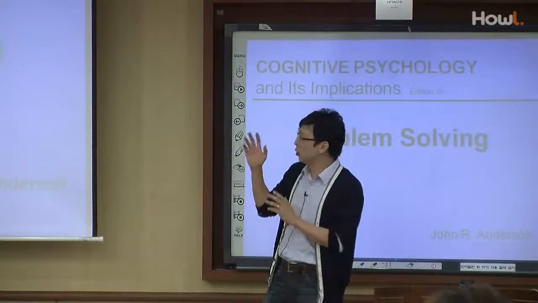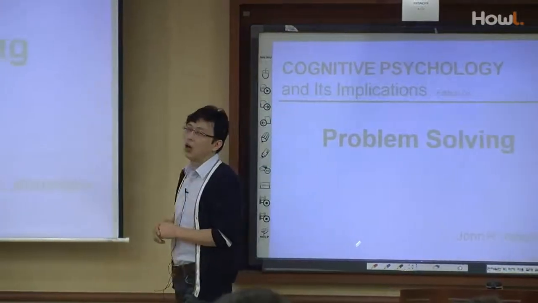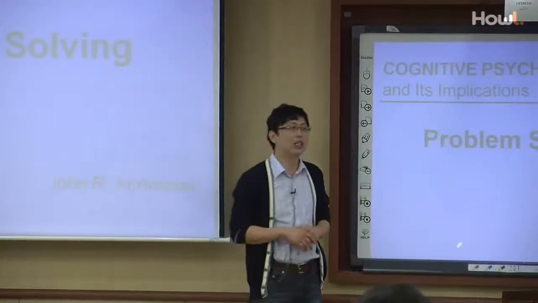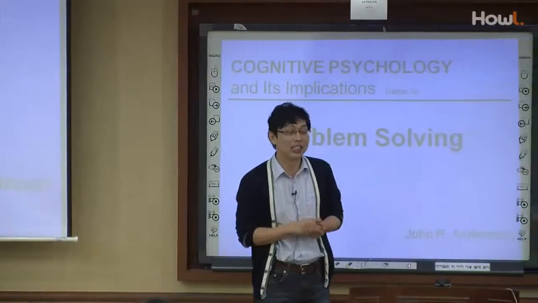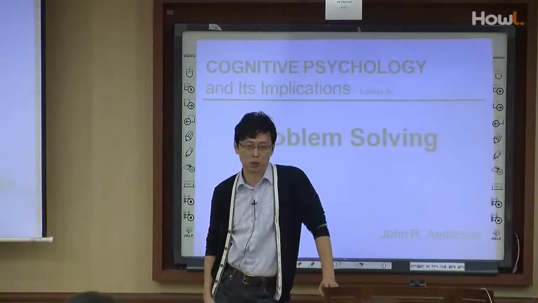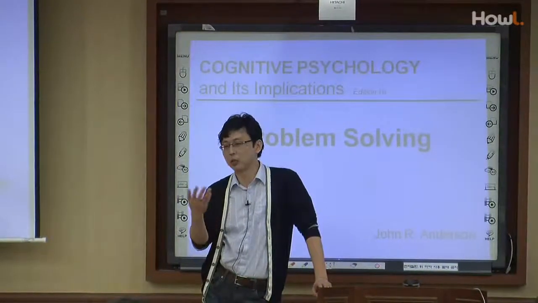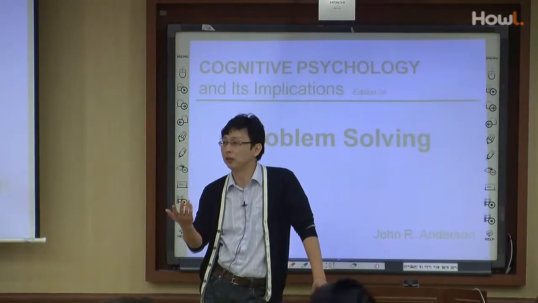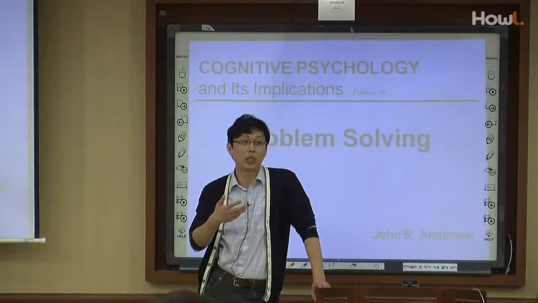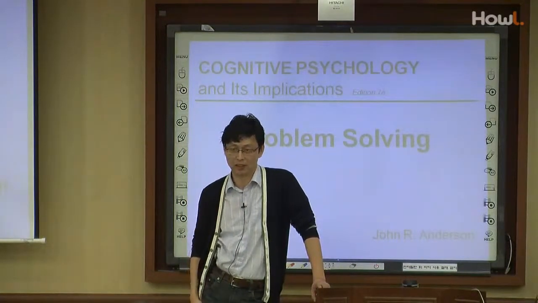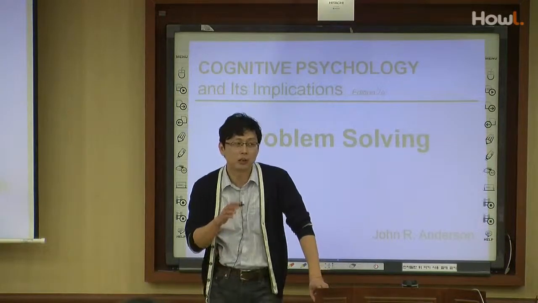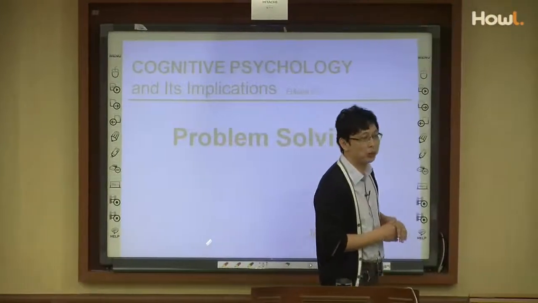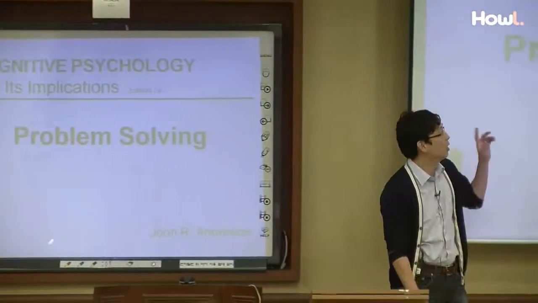The point about today's lecture is how humans actually use this knowledge for problem solving. Such as when you have to buy a new mobile phone, how can you find it, how can you use it? How can you call someone?